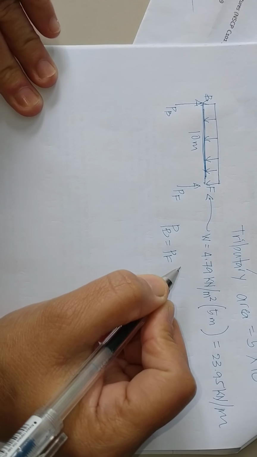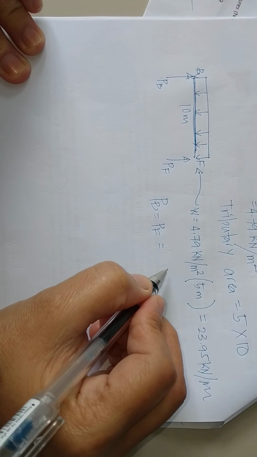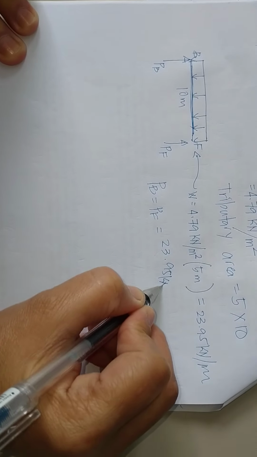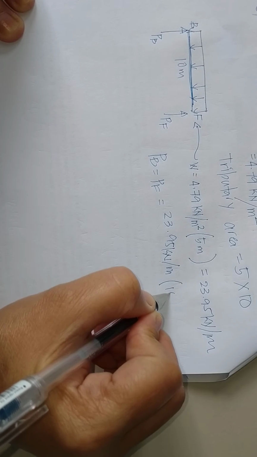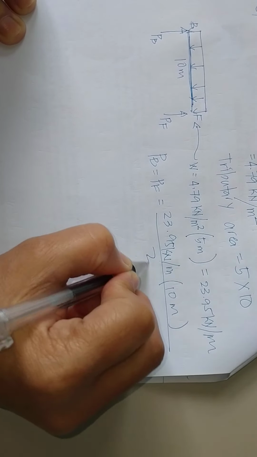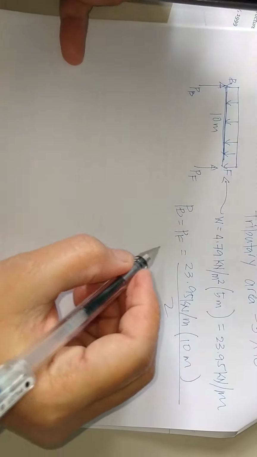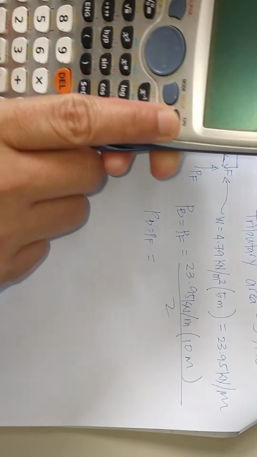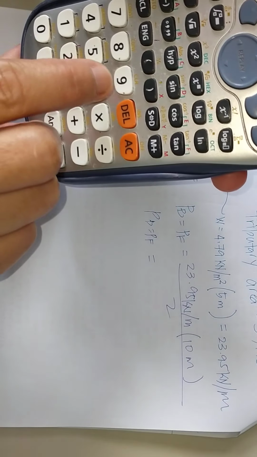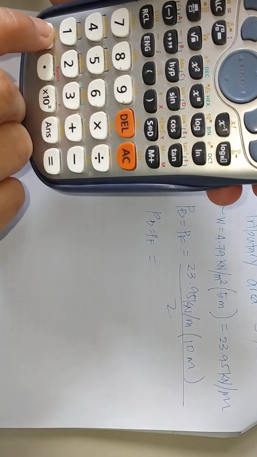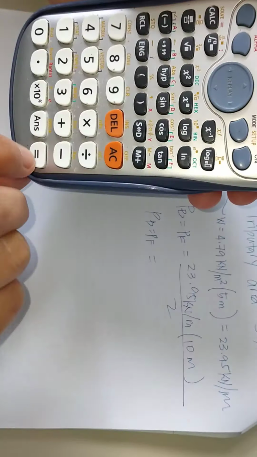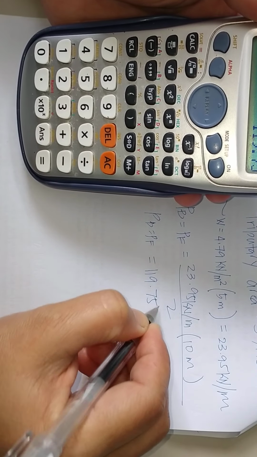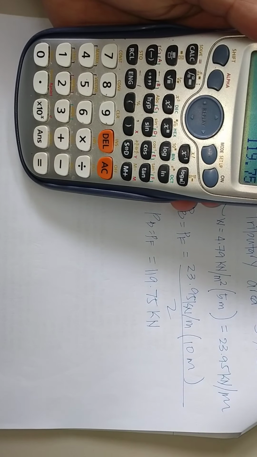Due to symmetry, this is 23.95 kilonewton per meter multiplied by 10 meter over 2, the reaction PB/PF is equals 23.95 multiplied by 10 over 2 is equals 119.75 kilonewton.